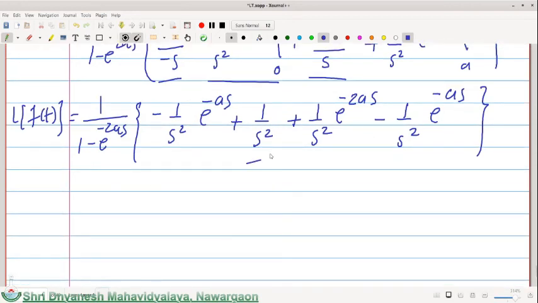So we can take 1 upon s square common, we get Laplace transform of f of t equals 1 upon 1 minus e to the power minus 2as.